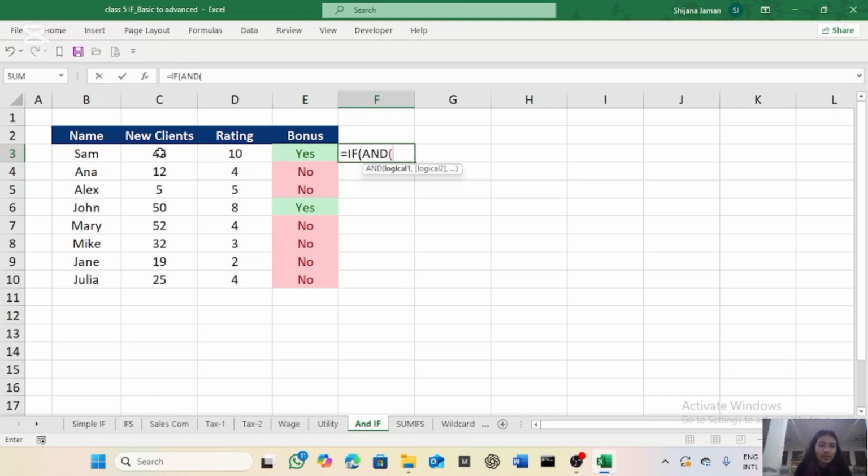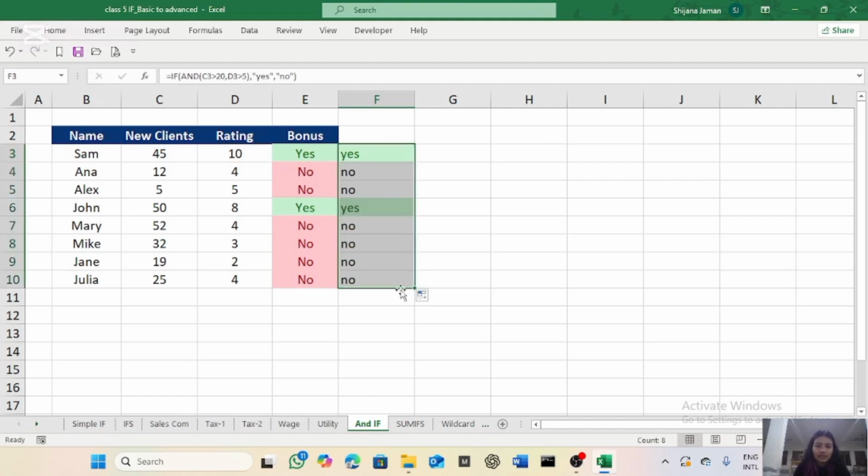So if our client 45 is greater than 20 and our rating 10 is greater than 5, if it is true, we will write yes, comma, if the value is false, we will write no. Bracket close, press enter. Yes, now fill the series. Yes, this is our AND formula.